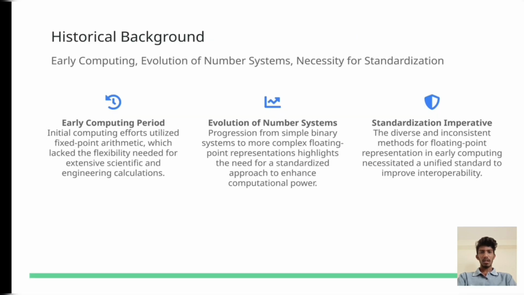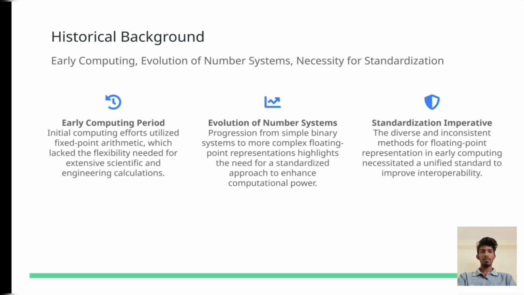Historical background: early computing, evolution of number system, necessity for standardization. Early computing period. Initial computing efforts utilized fixed point arithmetic, which lacked the flexibility needed for extensive scientific and engineering calculations. Evolution of number system.